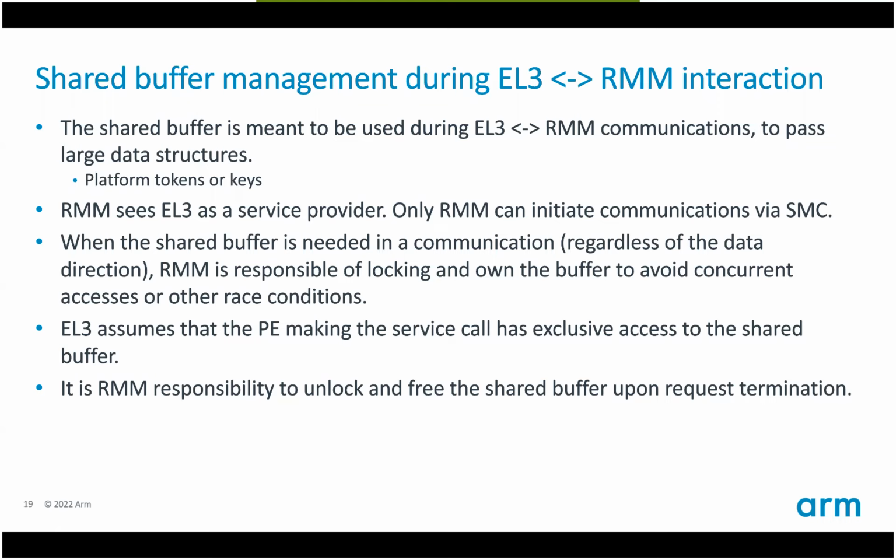So in order to save memory, we decided to use only one page of memory. However, as I mentioned before, if in the future we need more memory because we need to pass larger data structures, or there is more contention because we make more use of that shared buffer, then it shouldn't be very difficult to just allocate more memory and allow RMM to use larger shared areas.